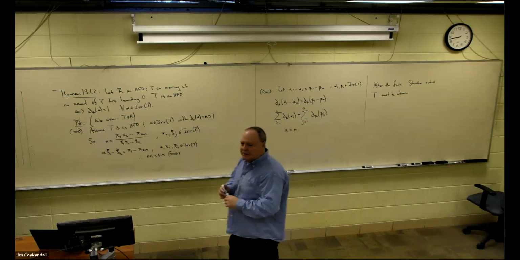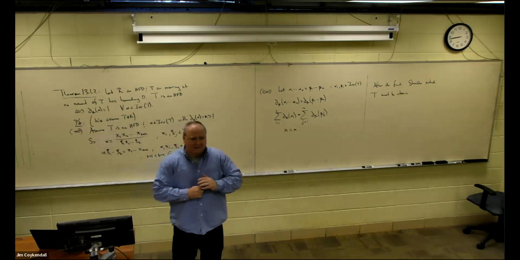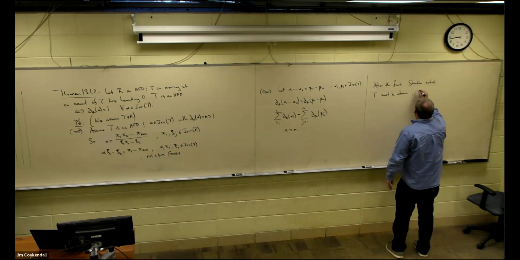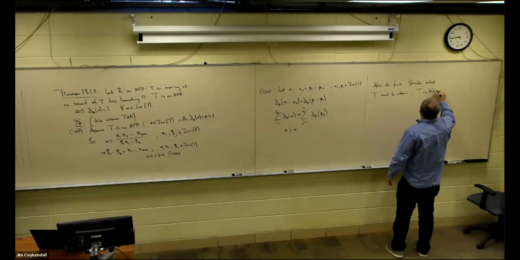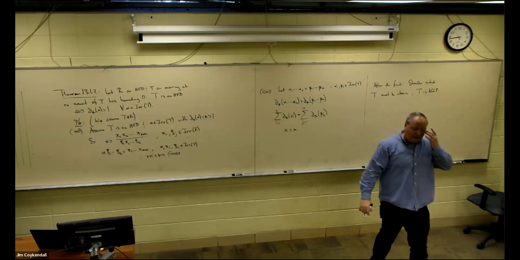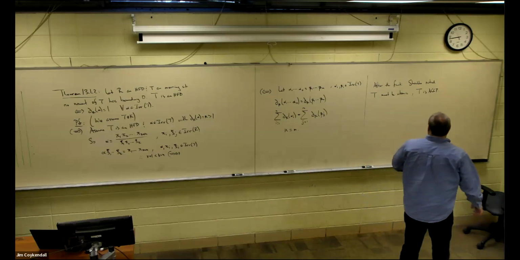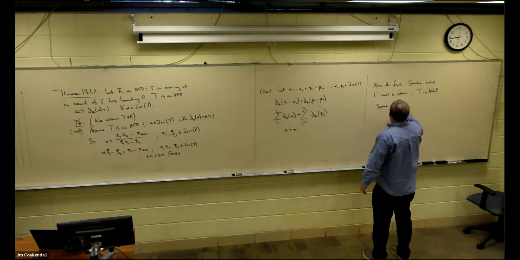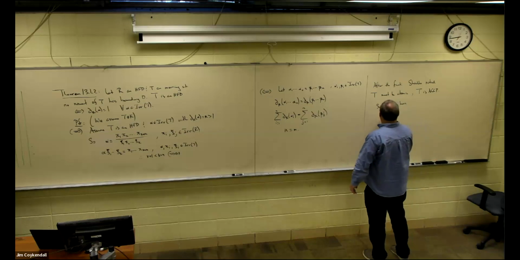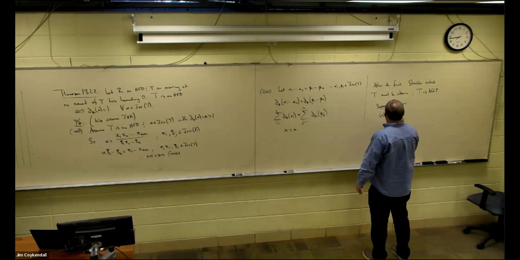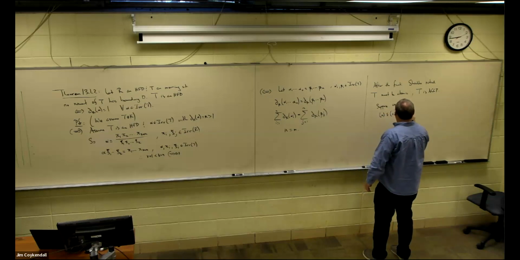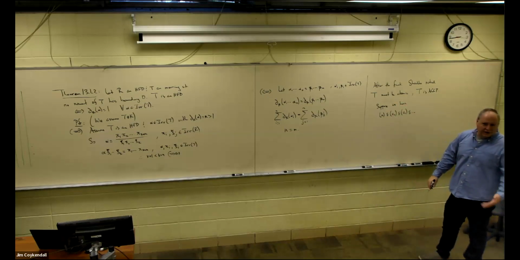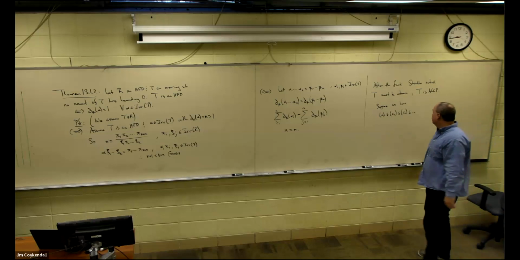Oh, that's too fancy. In fact, this might be easier. T is ACCP under these conditions. Here's the reason why. Suppose we have an increasing chain of principal ideals.